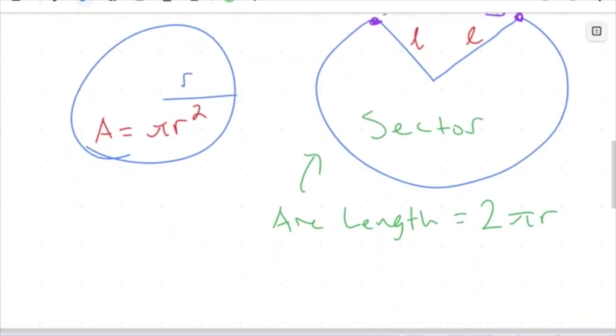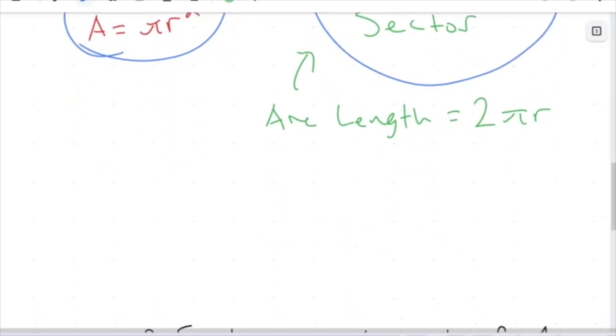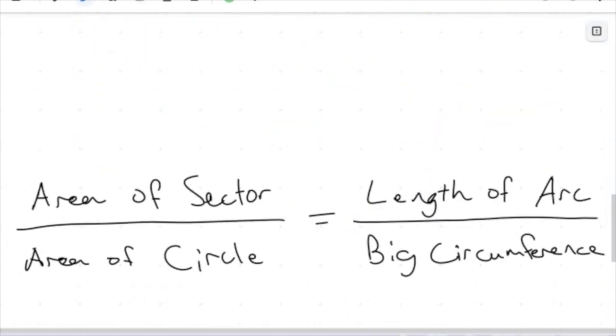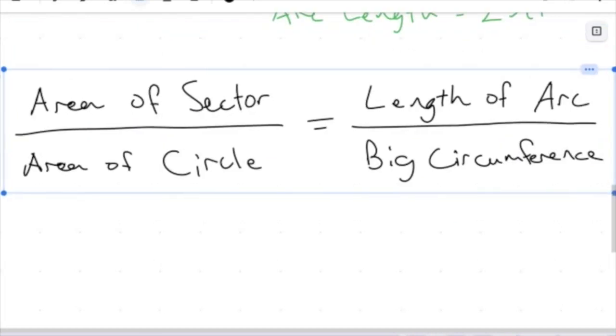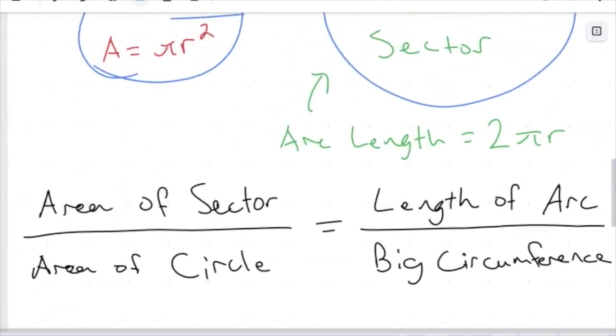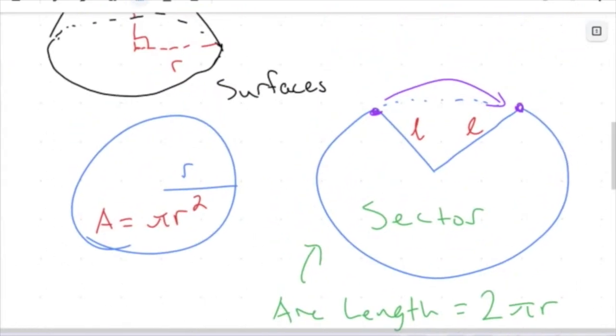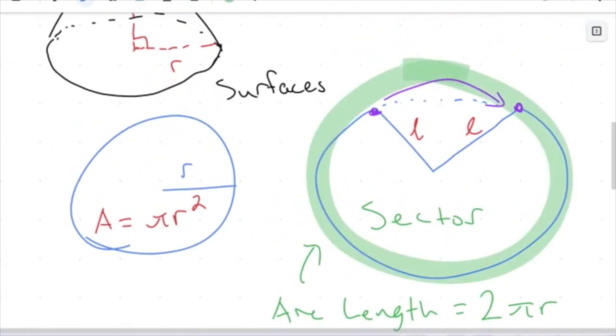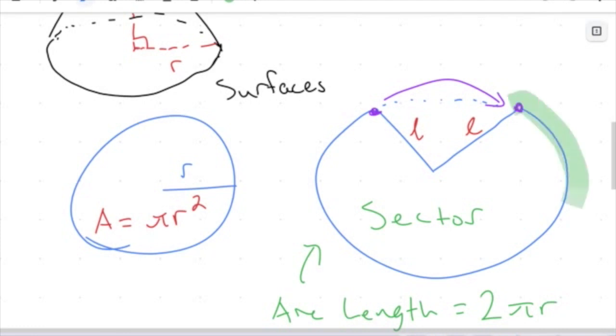So we're going to say down here, and I'll explain this in a minute, but there is a relationship between the area of the sector and the area of the entire circle. Like I said before, in the same way there's a relationship between the arc and the whole circumference.